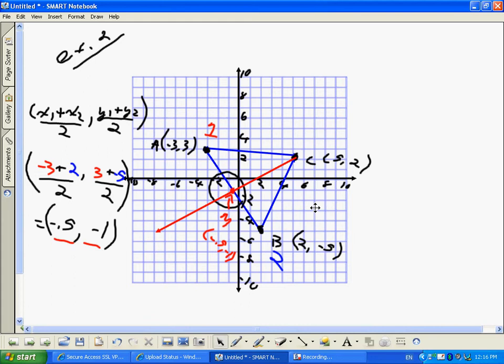You guys need to remember this formula you learned in grade 9, okay? y2 subtract y1 over x2 subtract x1. This equation will give you the slope of a line, okay?